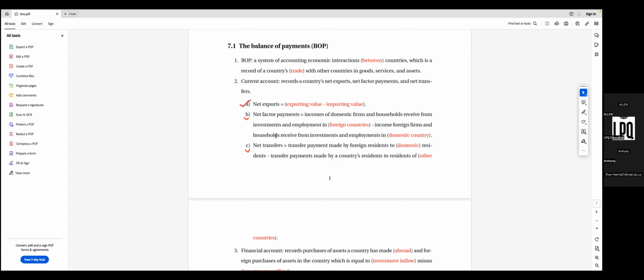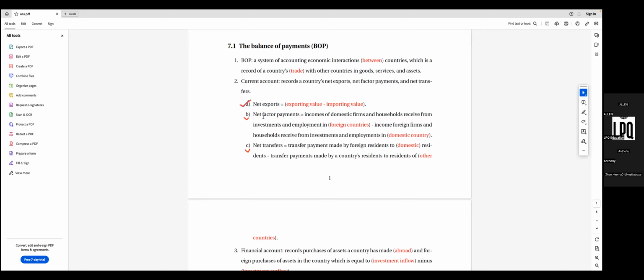What kind of transactions, what kind of exchange, what kind of economic activities can lead to these two cases, either money flowing into Canada or money leaving from Canada?